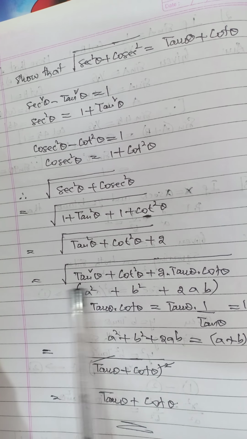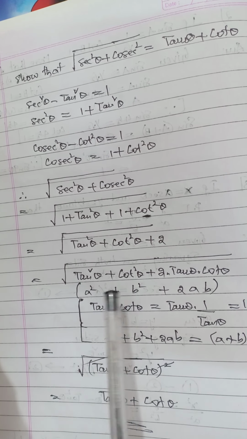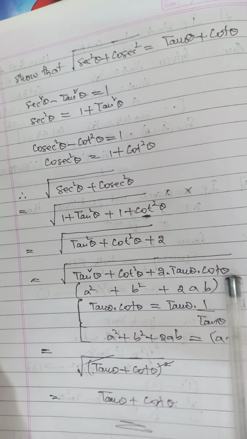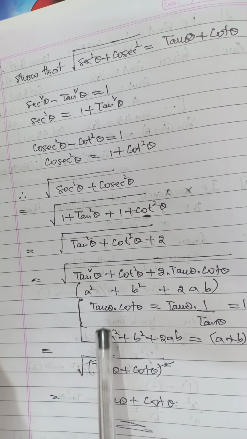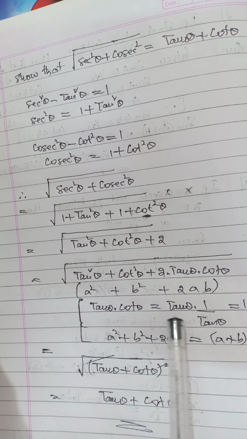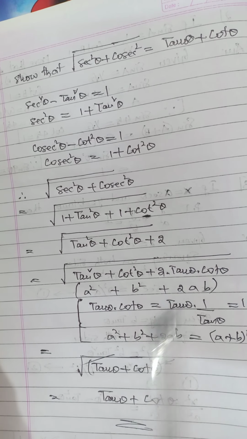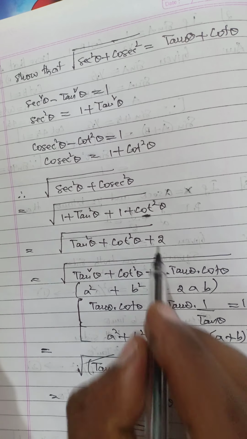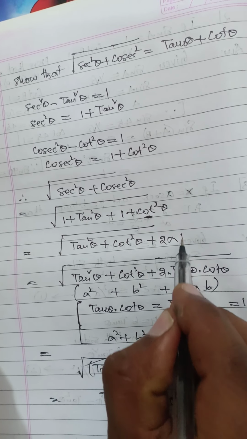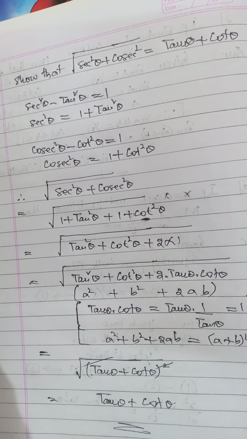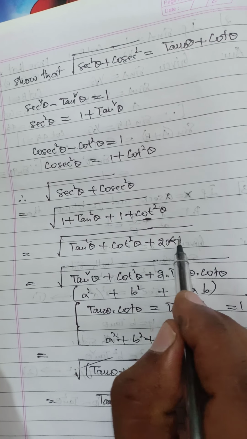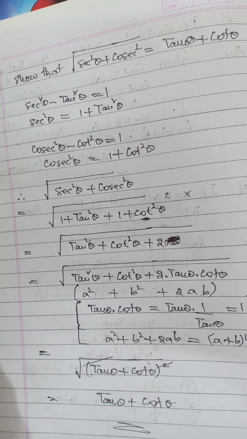That 1 can be written as tan theta into cot theta, so it is square root of tan square theta plus cot square theta plus 2 into tan theta into cot theta. Why? Tan theta into cot theta is nothing but tan theta into 1 by tan theta, because cot theta can be written as 1 by tan theta. It cancels and it is 1. So actually I can write 2 as 2 into 1. I am writing this just for our convenience.